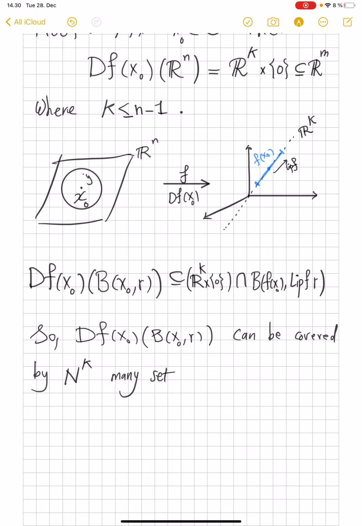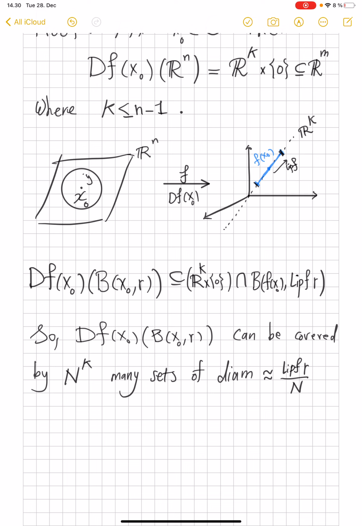Okay, sets of, now the diameter of each of them will be comparable to, let me write this, up to some constants which depend only on k, comparable to Lipschitz of f times r divided by capital N. So this is basically the edge length of a cube that contains this whole blue part, and we've divided it into n many pieces on each coordinate axis direction.